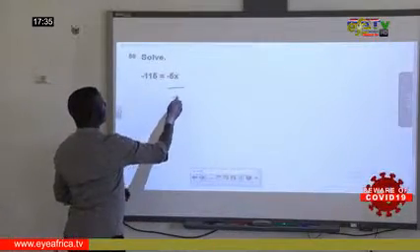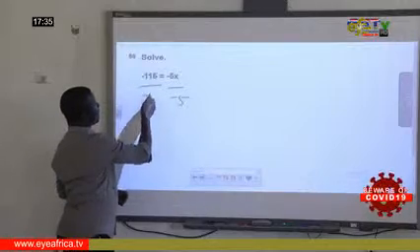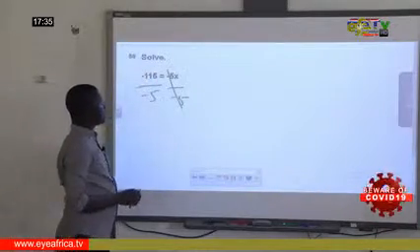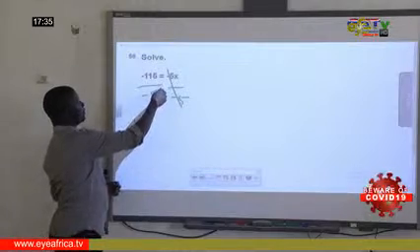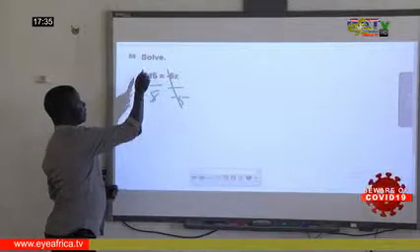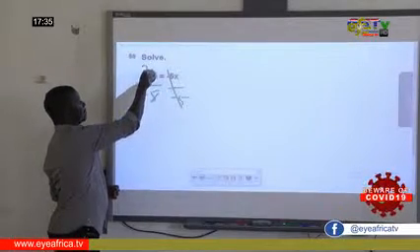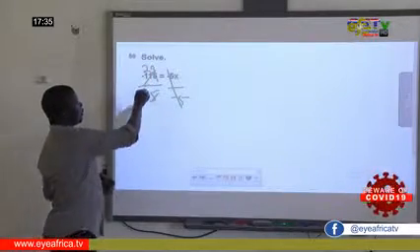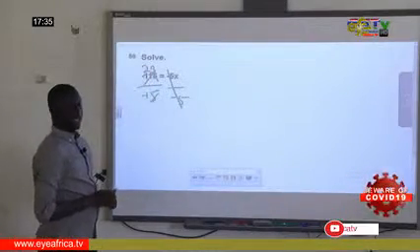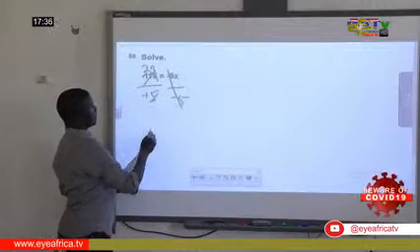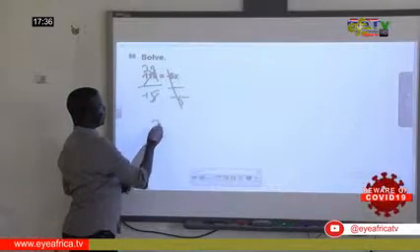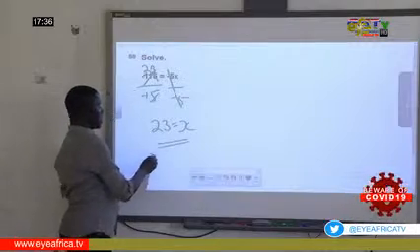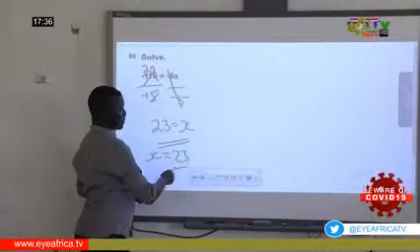So let's divide here by negative 5 and divide here by negative 5. Negative 5 cancels out. 5 goes into 11 2 times. Remember 1, it goes into 15 3 times. Because we are dividing a negative number by a negative number, the answer changes to positive. So we have 23 equals x. This is the same as x equals 23.